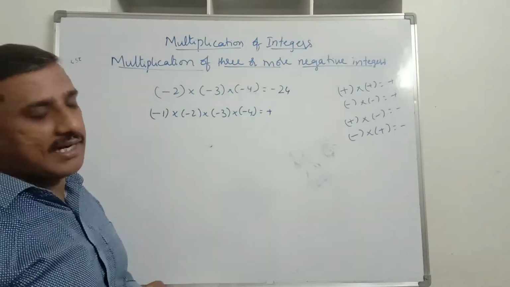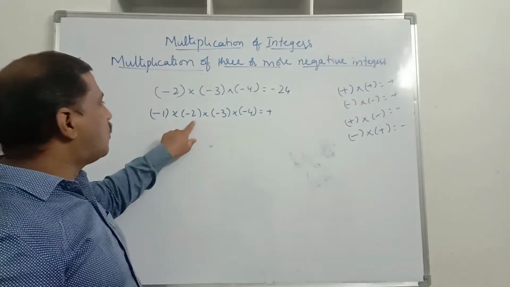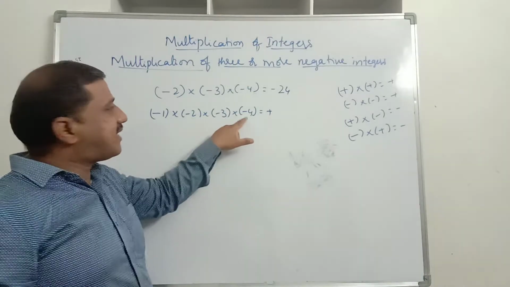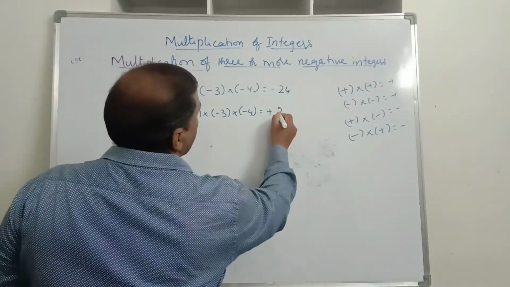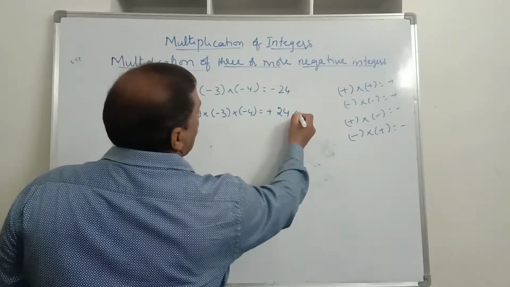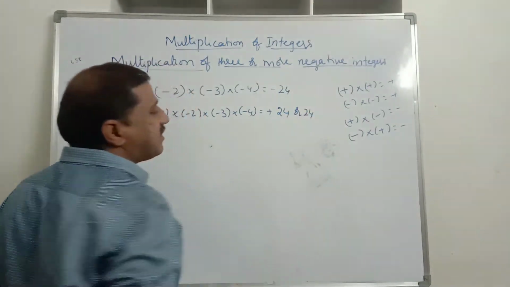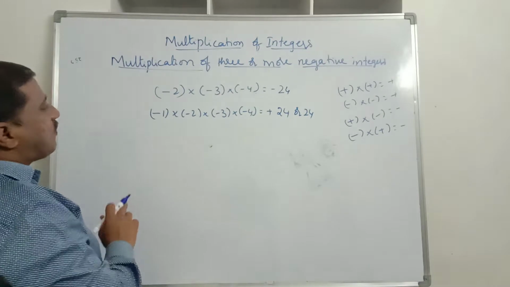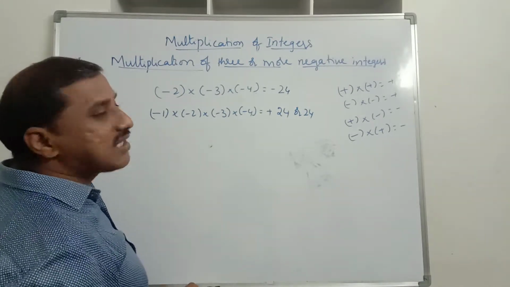Then multiply the numbers. 1 into 2, 2, 2 into 3, 6, 6 into 4, 24. Plus 24, or simply we write 24. The product of minus 1, minus 2, minus 3, minus 4 is 24.